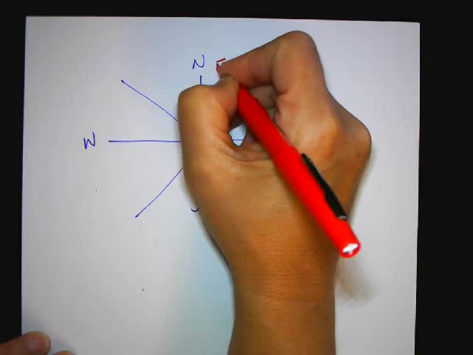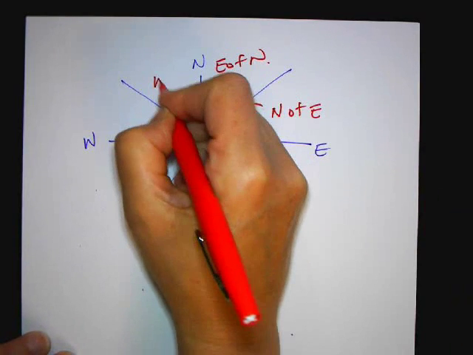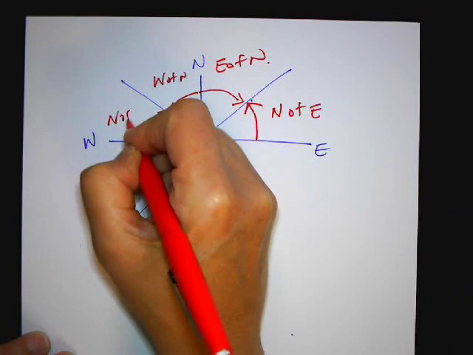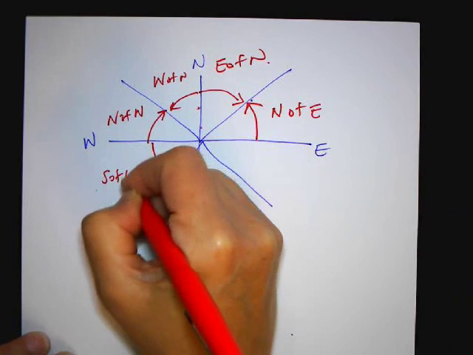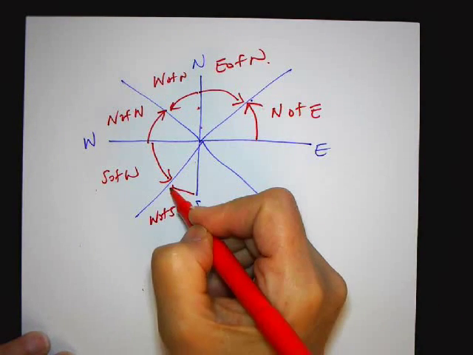So whenever I'm measuring an angle, I can't just write this angle here northeast, because northeast implies that it's 45 degrees. Was the angle that we just calculated 45 degrees? No. So you can't write northeast, because this angle here is different than this angle here.